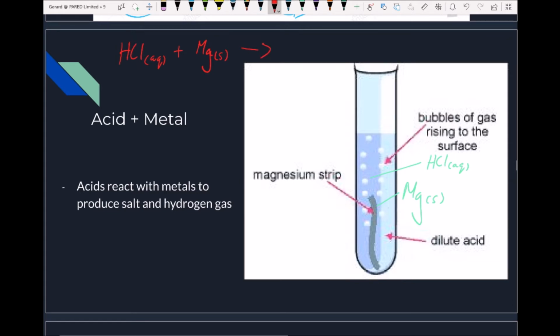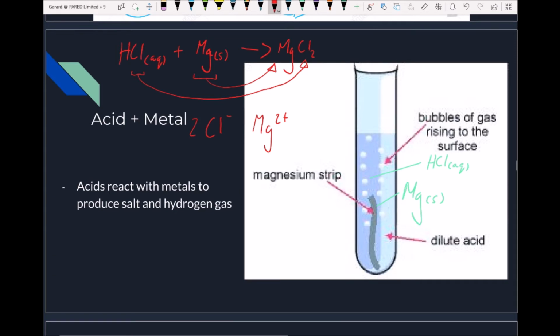The salt's going to be made up of the metal, and the other part of our acid that isn't the hydrogen. Now it's going to be MgCl2 because the charge on chloride ions is 1- and the charge on magnesium is 2+, which means we're going to need 2 times the amount of chloride for every 1 magnesium.